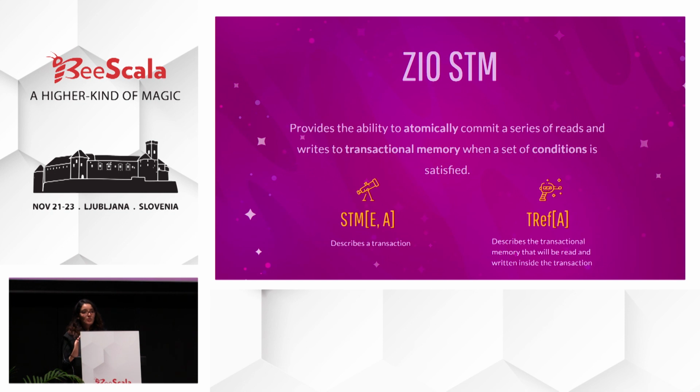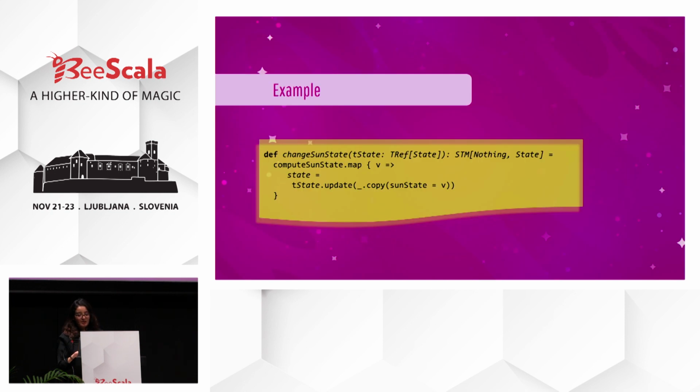And this we will atomically update and read from this shared state inside the transaction. Let's see how we could do this. For example, changeSunState will now return an STM, a transaction, that will use the transactional reference of state.